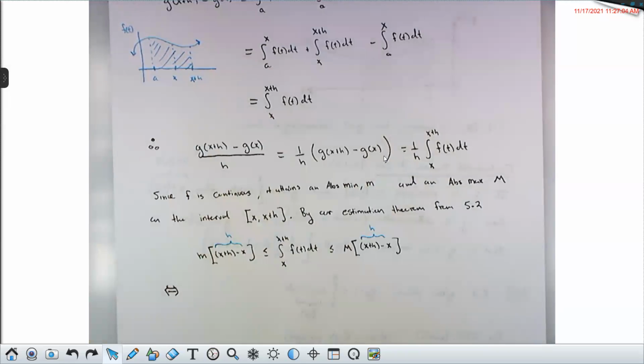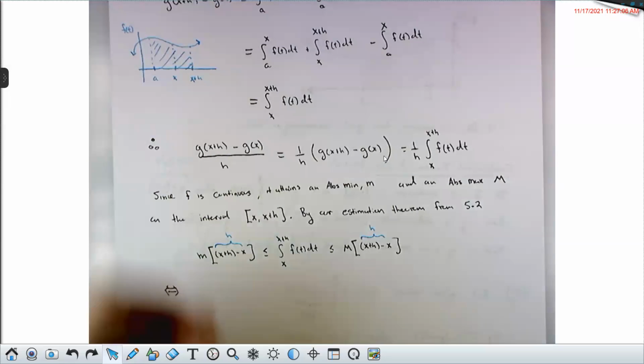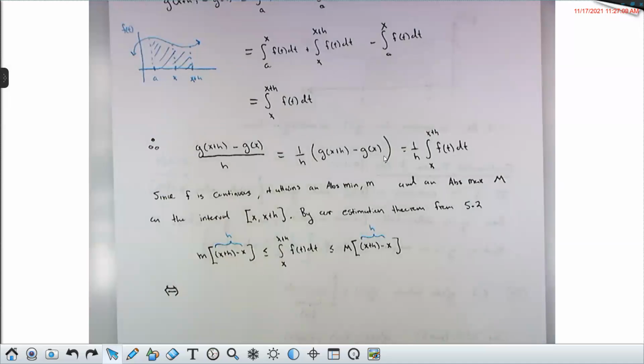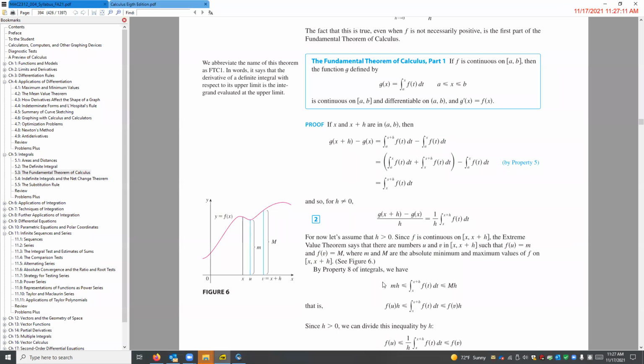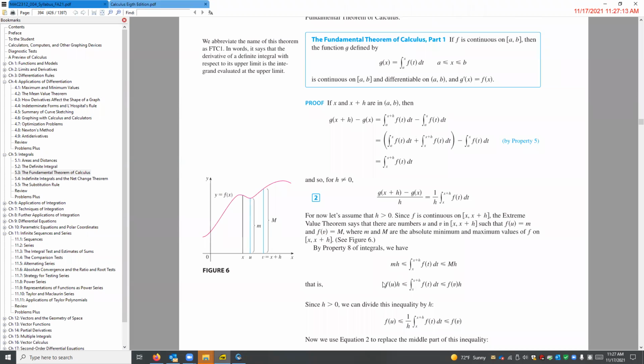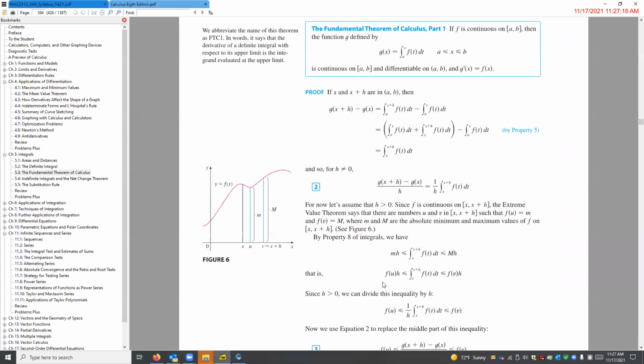So if I multiply through by 1 over h, what I get is, well, they do it in separate steps. Let me see, is that going to be useful in some way? No, but we are going to have to come back and cite that.